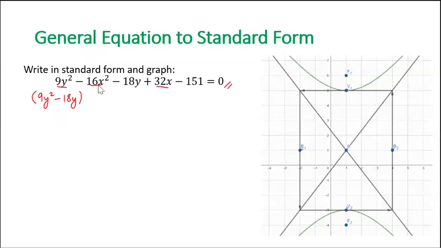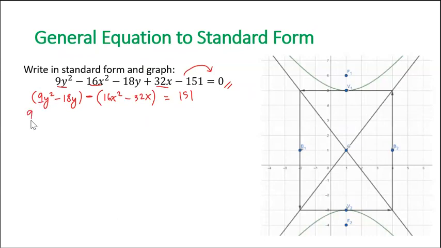So since 16x squared is negative, we write the negative outside of the grouping symbol. So that would mean the negative 16x squared here becomes positive 16x squared inside the grouping, while the positive 32x here will become negative 32x. And then this constant will be transposed to the right hand side, so it gives us 151.